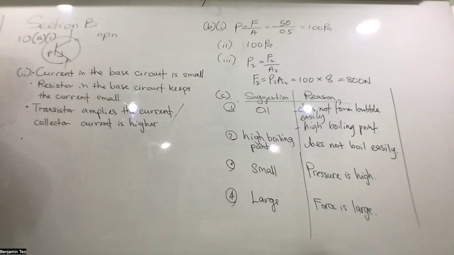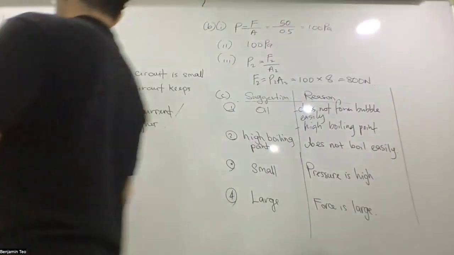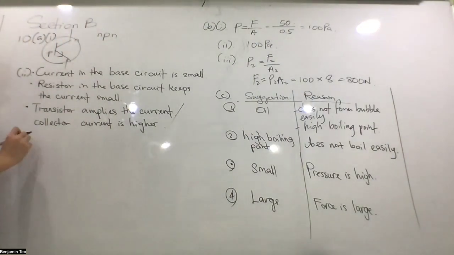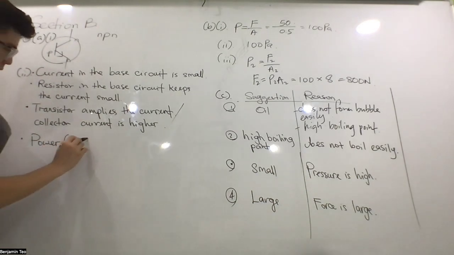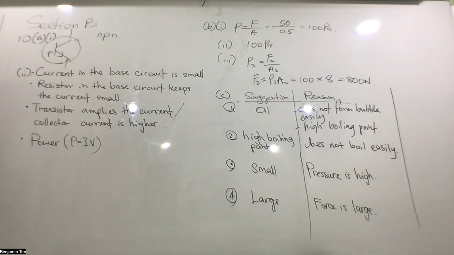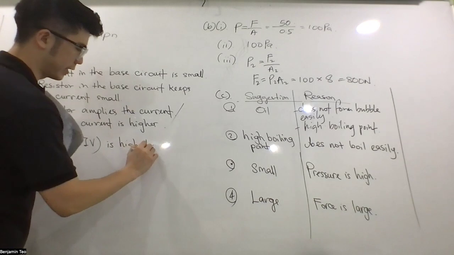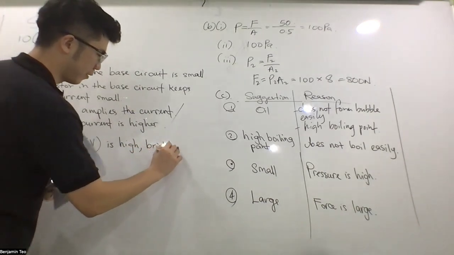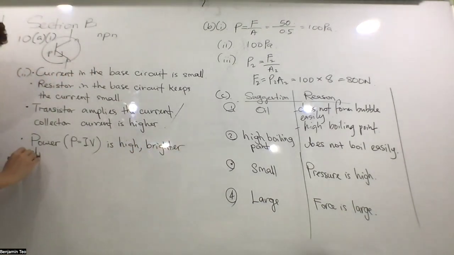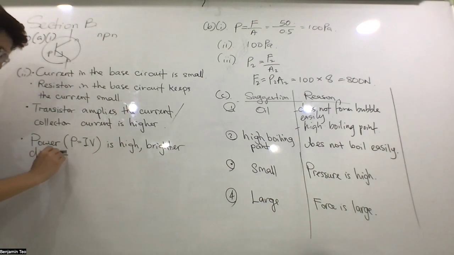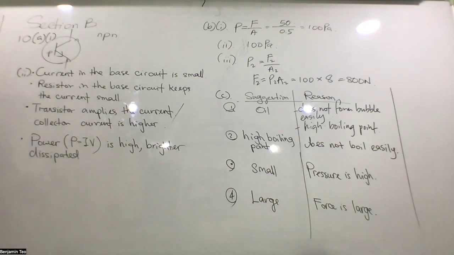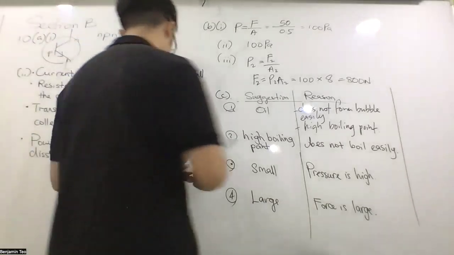Then last one, you say the power is high because brightness is related to power. Power P against IV is high, brighter. Power dissipation, dissipated. So bulb Y is brighter.